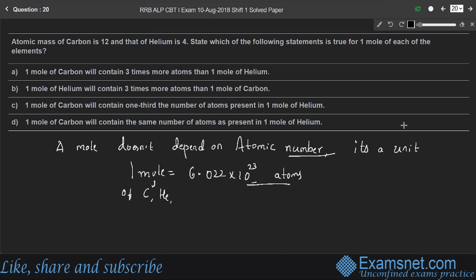Therefore, look at option D: 1 mole of carbon will contain the same number of atoms as present in 1 mole of helium. So option D is the right answer. 1 mole of particles has 6.022 into 10 to the power of 23 of that particle. This number is known as Avogadro number, which is irrespective of the element.